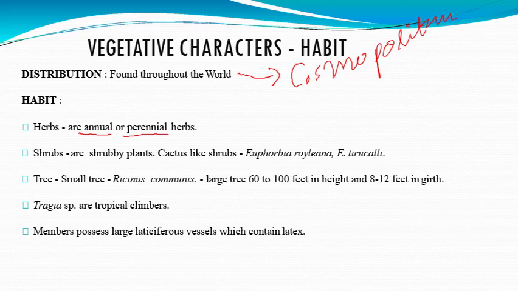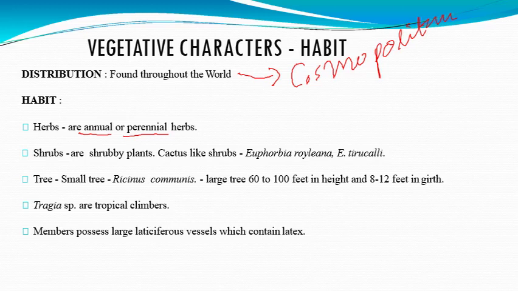If the members of the Euphorbiaceae family are shrubs, then these are green plants whose main stem cannot be distinguished from its branches. Such type of plant we refer to as shrubs.